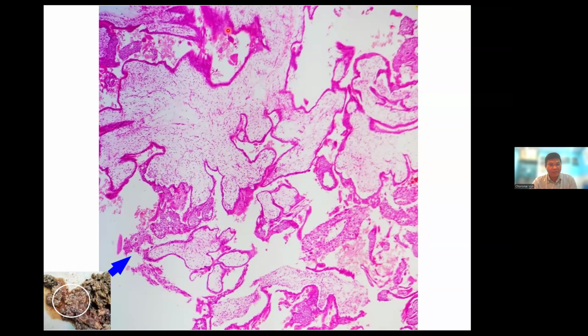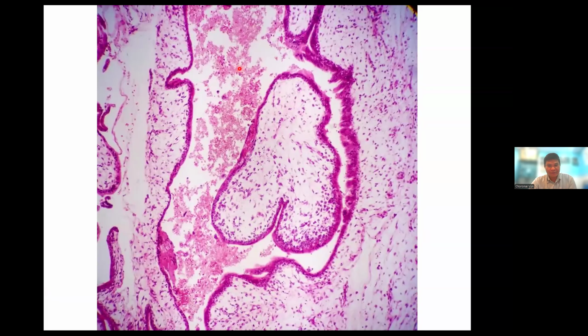Here is proliferative capillary. This picture shows chorionic villi with edema and a little proliferative syncytiotrophoblast or cytotrophoblast. There is hemorrhagic maternal blood.